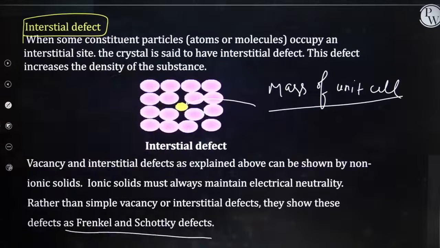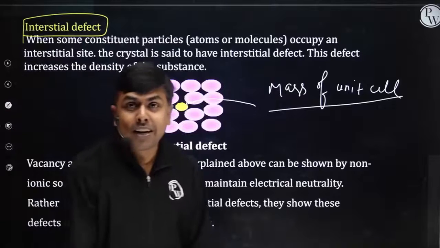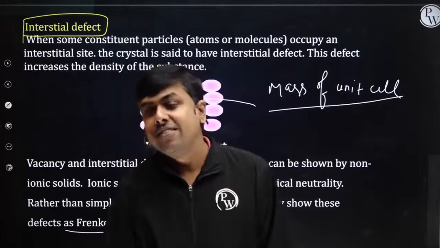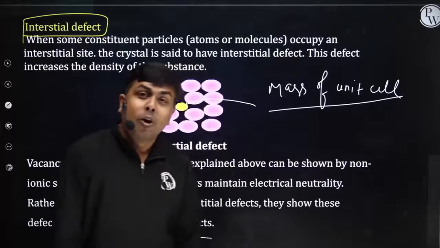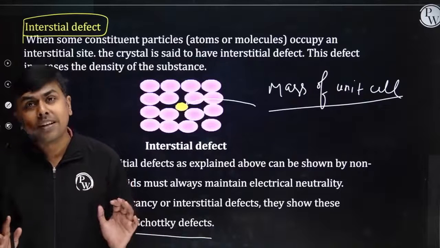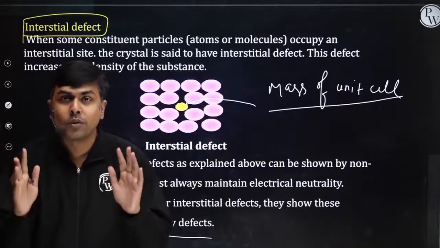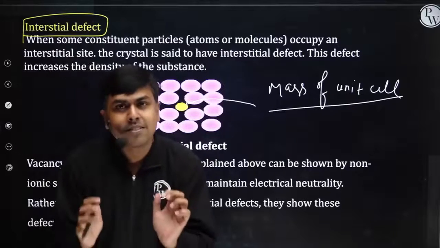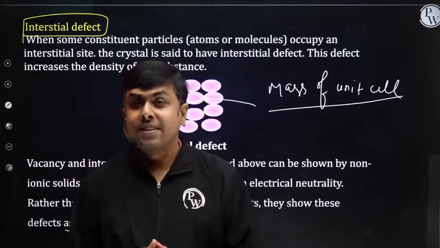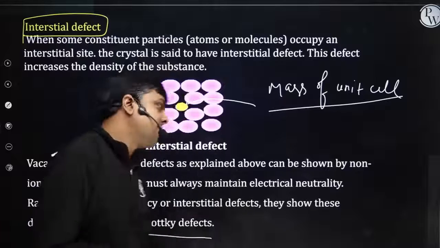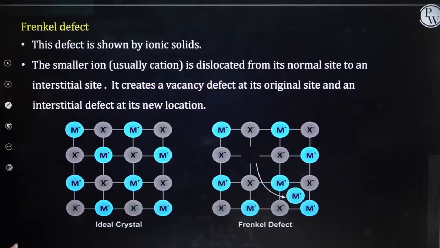So basically, if I talk about ionic solids, they show Schottky defects and Frankel defects rather than vacancy defects or interstitial defects. For ionic solids, we name Schottky defects and Frankel defects as stoichiometric defects. Let's have a discussion about that.